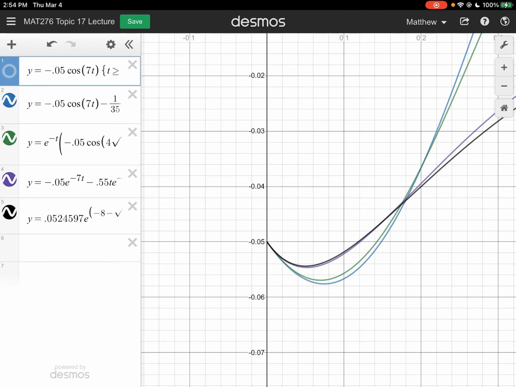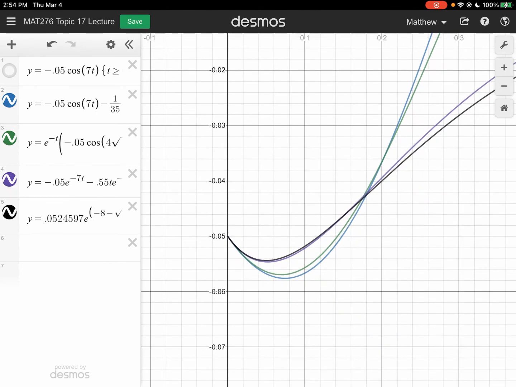The first one did not have the same initial conditions, the red one, because that one was released from rest. But the last four examples we did all had the same initial conditions. And of them, notice that the blue was the one that had no damping, so it managed to get the furthest down. The green had some damping, the purple had more damping, and the black had the most damping.